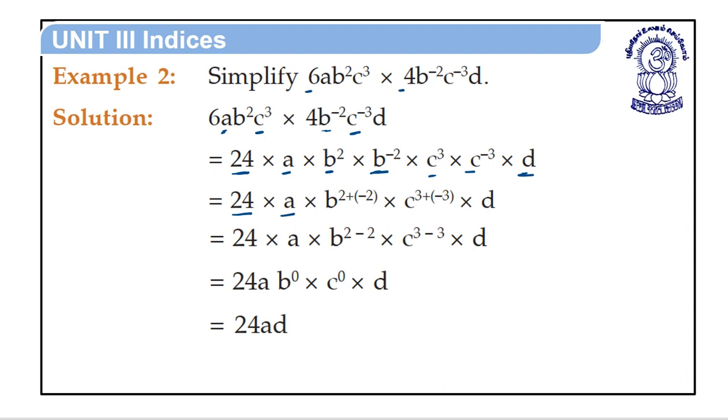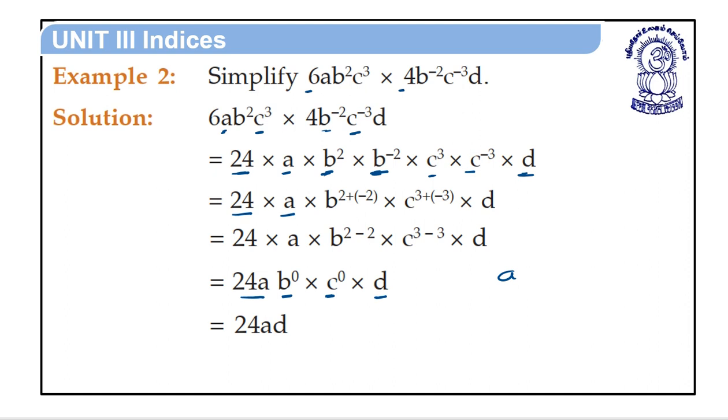24 into a into b. Base same, so b: 2 minus 2, 0, b raised to 0. c: 3 minus 3, c raised to 0 into d. So 24a b raised to 0 c raised to 0 into d.